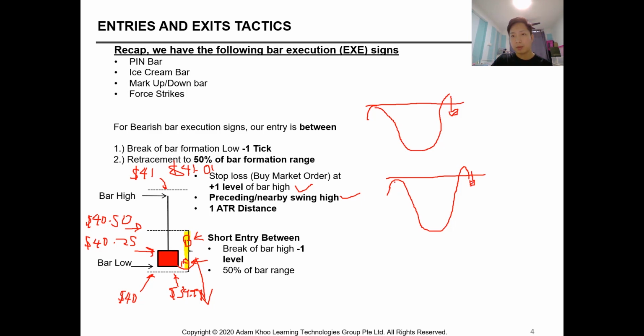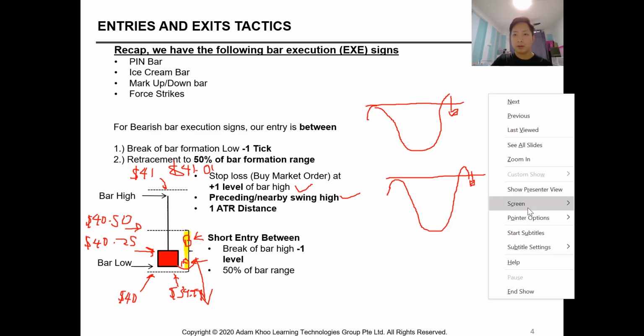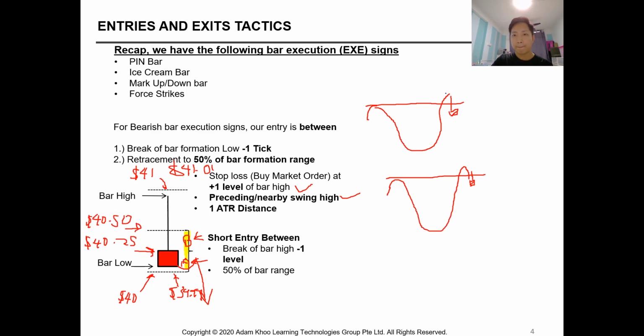If you're looking at the preceding nearby swing high, I'll just put it in purple. The preceding nearby swing high will be here and here. However, the stop loss plus one tick will be the same spot. However, the preceding nearby swing high will be over here, and the high of the bar will be over here.